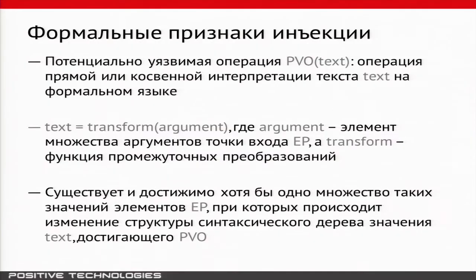We used more or less human language here rather than formulas. We have the potentially vulnerable operation as interpretation of a text in a formal language, for instance, an SQL query, web server, file operations, an XPath query, and so on.